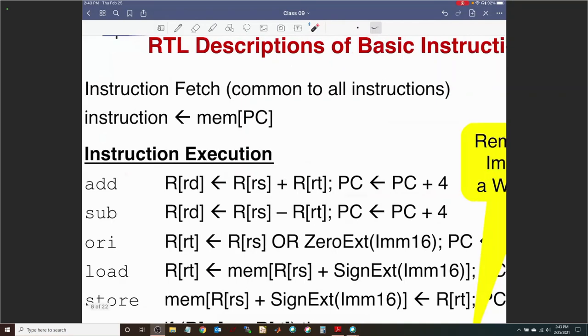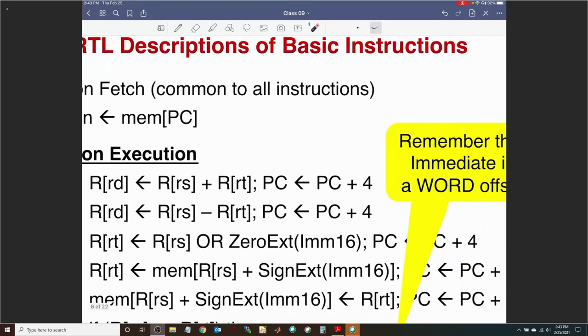But if you just look at this, let's try to understand what we are going to need to do this add and what we are going to need to do this add. What hardware components are we going to need to do those things? I hope you say ALU for this.